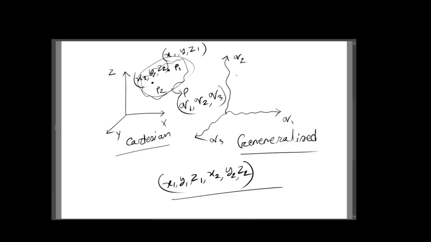So we can say that q1 is equal to a function of x1, y1, z1, x2, y2, z2.